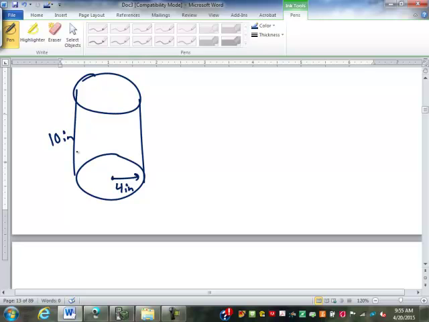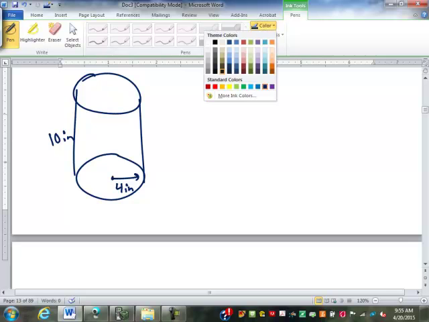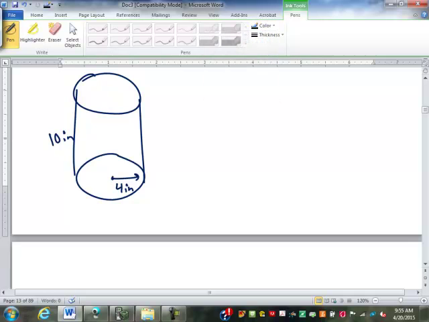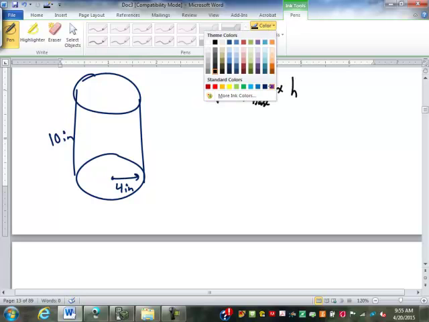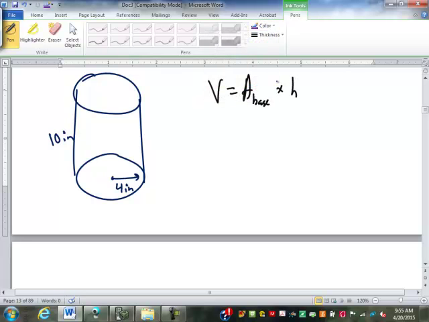How do you find the volume of that then? Well, we have a couple of choices. We could memorize a new formula, because there are formulas out there for the volume of a cylinder. But why do I want to memorize a new formula? Volume is area of a base times a height. What's the base of this? It's a circle with a radius of 4.